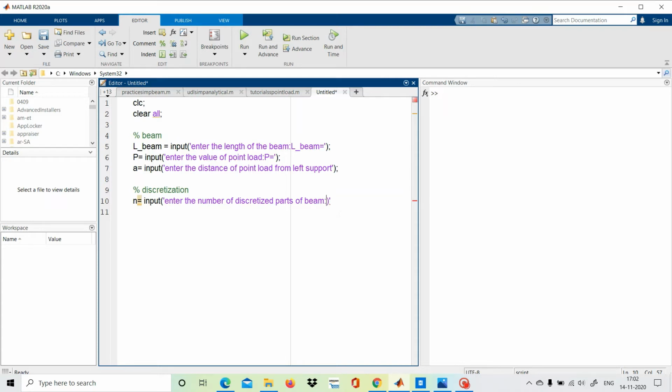So n is equals to what? We have to give the data. Similarly, from the left support, it would ask for a is equals to what.